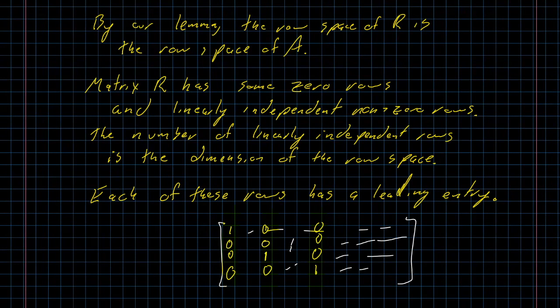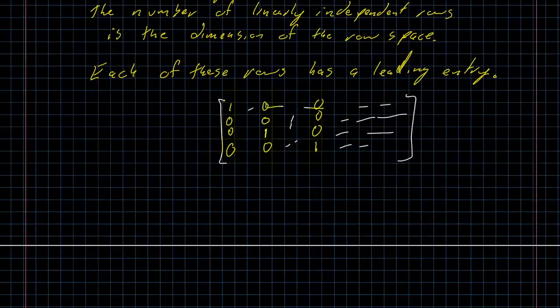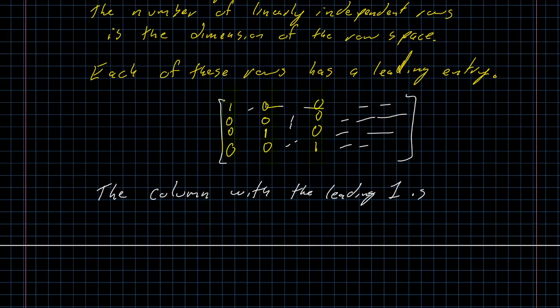The properties of reduced row echelon form tell us that the column which has the leading 1 is going to be one of the standard unit basis vectors, e_k, right?